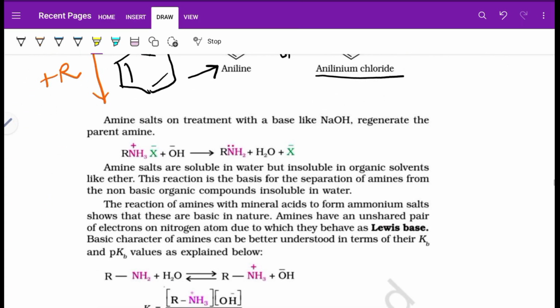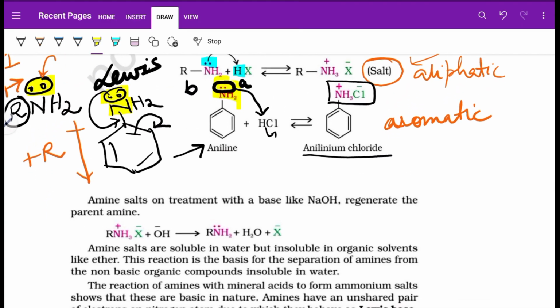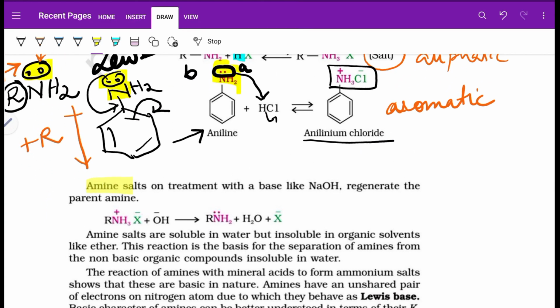Now, these are the amine salts. Amine salts on reaction with a base like NaOH or maybe KOH regenerate the parent amine. Why? The reason is this amine salt is now capable of donating H plus and acts as a conjugate acid.